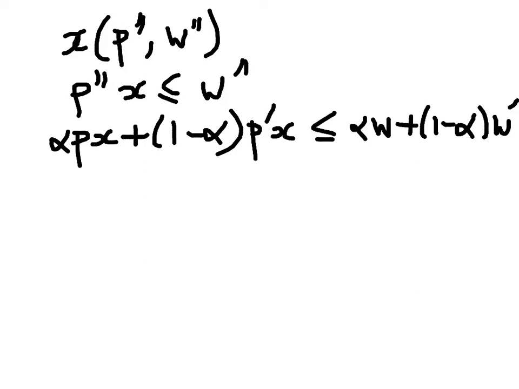What this inequality means is that either P X is less than or equal to W, or P prime X is less than or equal to W prime, or both, right? Otherwise the inequality would not hold.